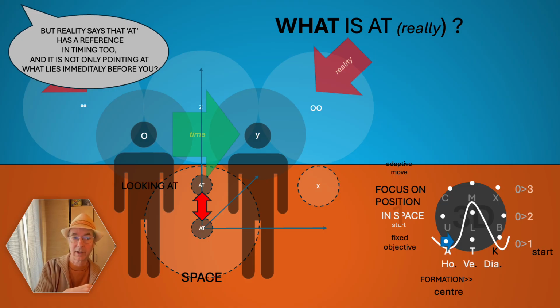Now this question again. The reality says at can be used also for timing, because we are not only at a place, we can also be at a certain time, so there's timing involved. But what I express here is not just a reference to space.